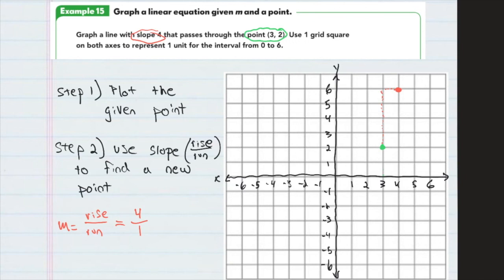Now, if I wanted to go the other way, I could also do -4, -1. That just means I'm doing it backwards twice. So down 4 over 1. And you'll notice that either way, they're going to be on the same line. And there you go.